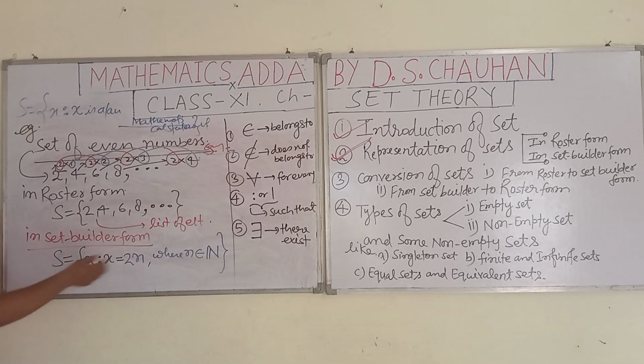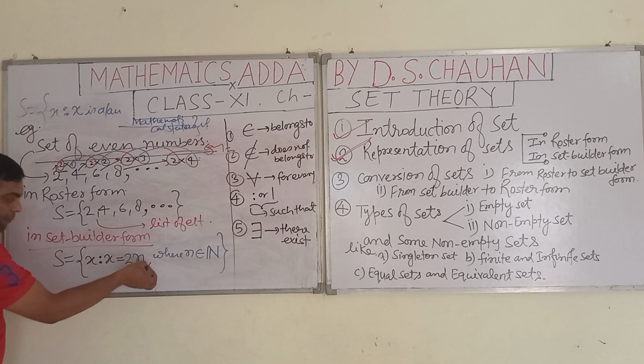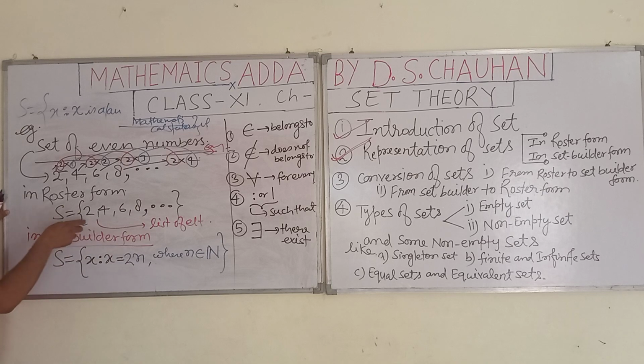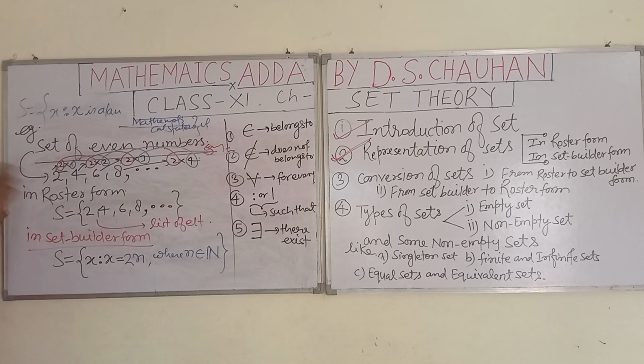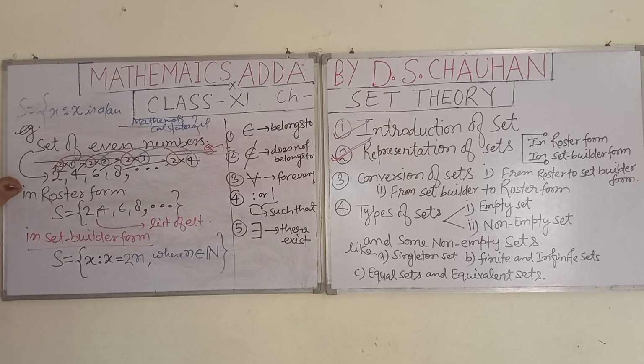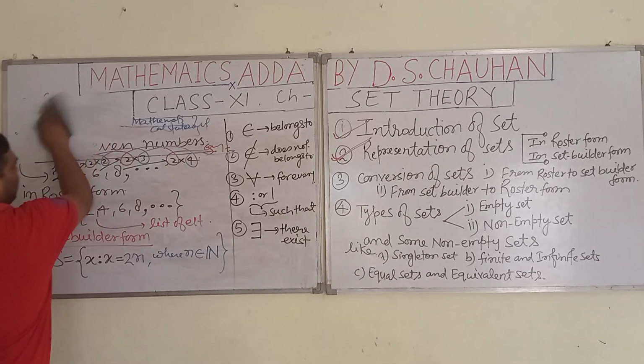Well students, if you put in values of n one by one, you will get this set which is present in roster form. Okay students, to understand this representation of sets clearly, you must keep the series in your mind. What is the series telling you, students? Try to understand.